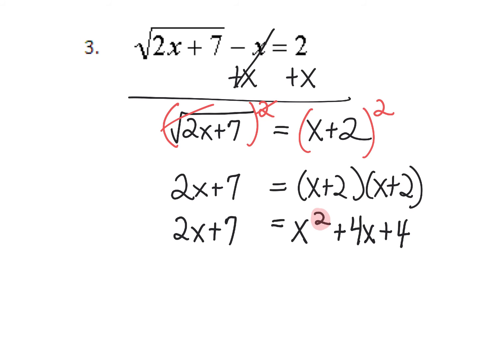I would go ahead and get one side equal to 0. And then I would try to do AC bust up B, because it's the fastest, but if it doesn't factor, you can use your quadratic formula. That will always work. So I am going to go ahead and get one side equal to 0 by subtracting 2x and subtracting 7 from both sides.